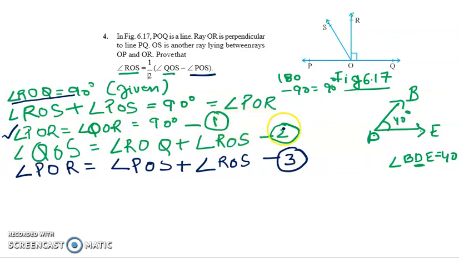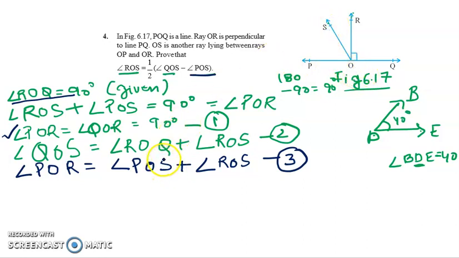Now see equation number 2, angle QOS. Why are we taking angle QOS and POS? Because it is given to us that we have to show angle ROS is equal to half of angle QOS minus angle POS. So that is why we are taking angle QOS. Now angle QOS will be a combination of angle ROQ plus angle ROS. Now see angle POR is equal to angle POS plus angle ROS.